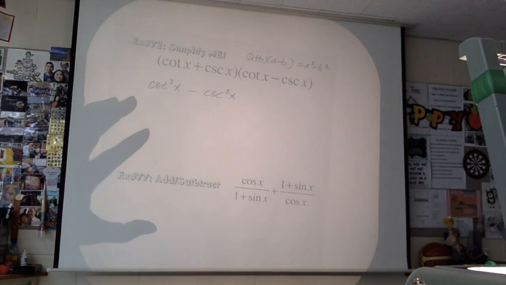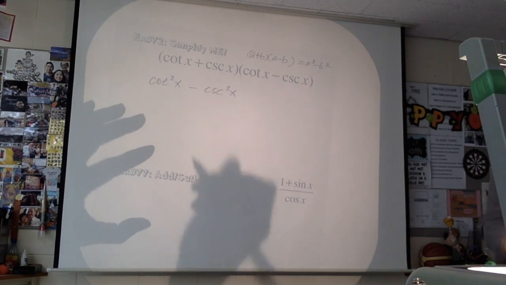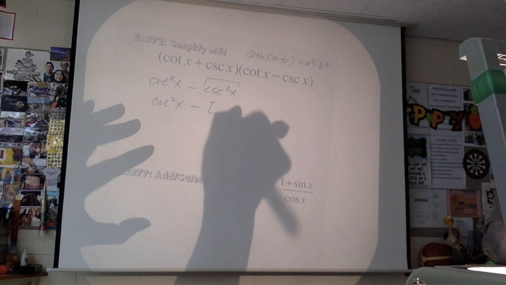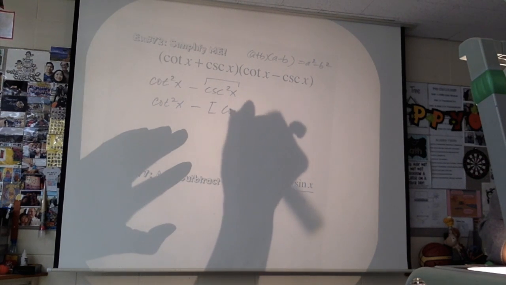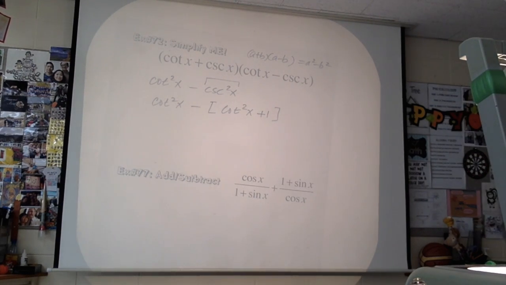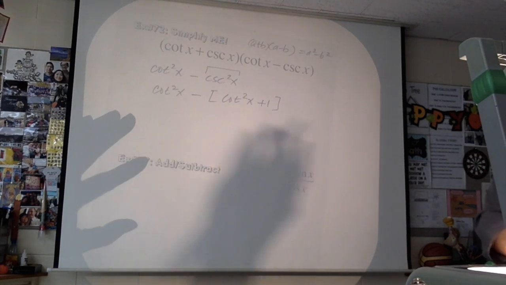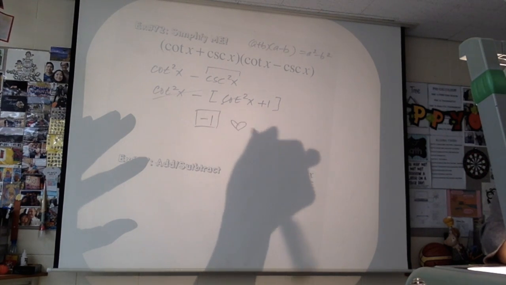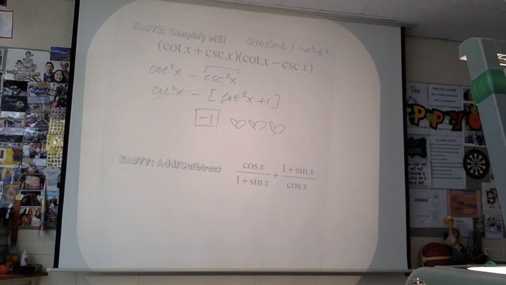Ding, ding. Cancels out, okay? So you're left with this. Well, you know this. So this, we can't do anything. But, you guys, look. Isn't this actually, look at your formula sheet again, okay? It's that, okay? All right, so now when you actually simplify this, you're left with -1 as your answer. How simple. It's totally simplified, okay?